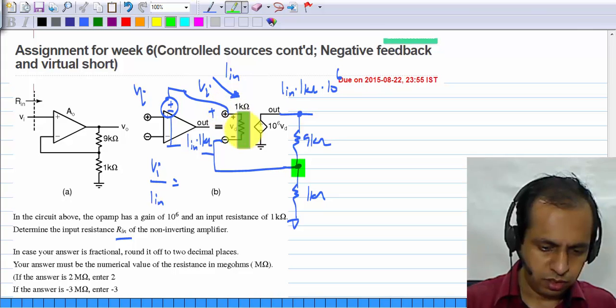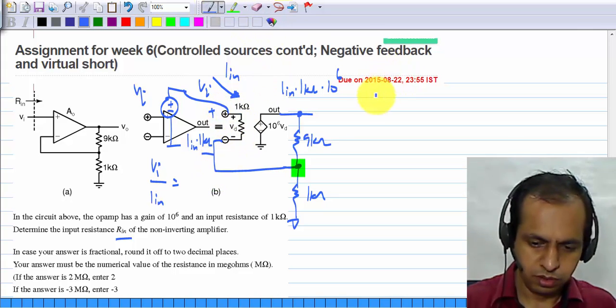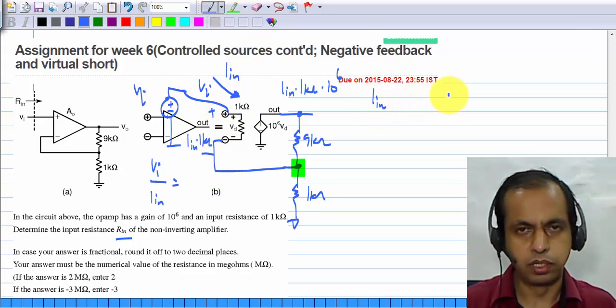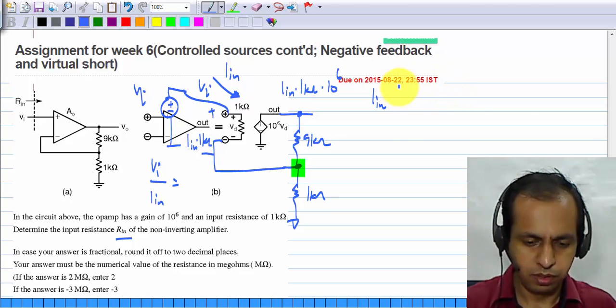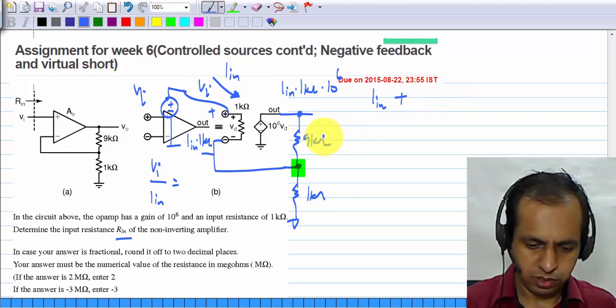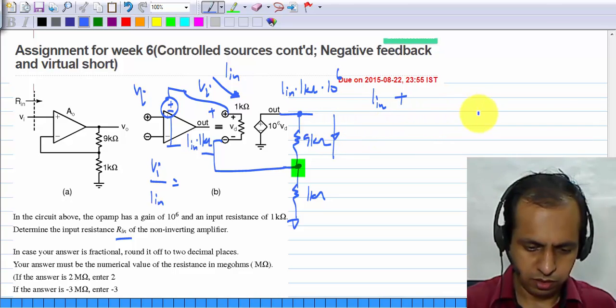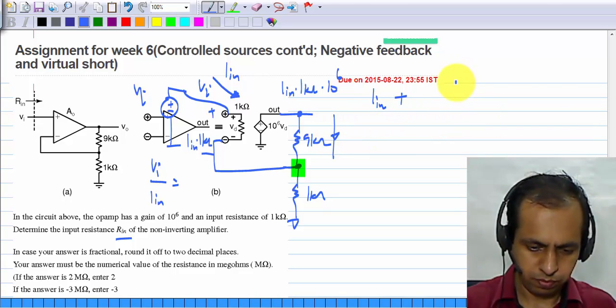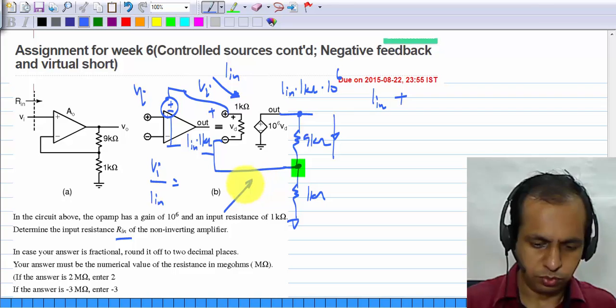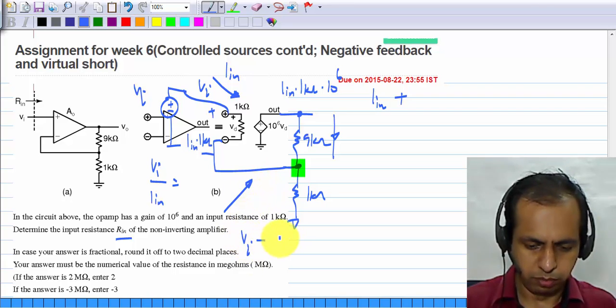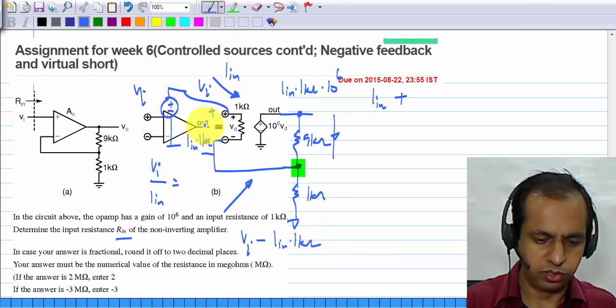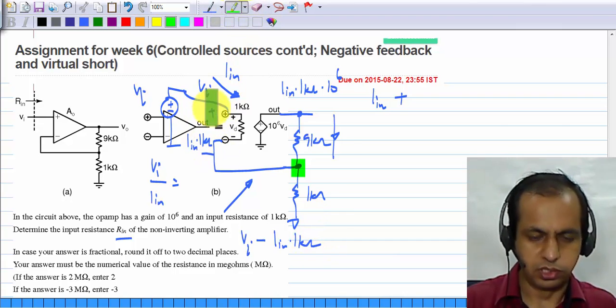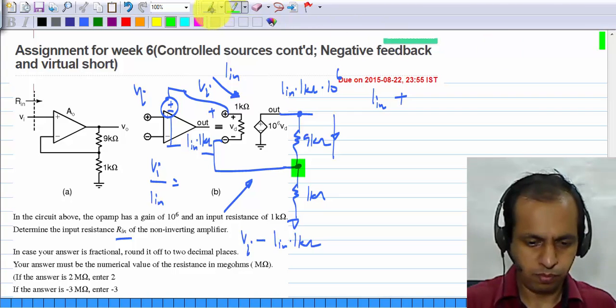The current through this, which is In, plus the current here, which is, remember, this voltage is at Vi minus In times 1 kilo ohm. Okay, because the voltage drop here is In times 1 kilo ohm.